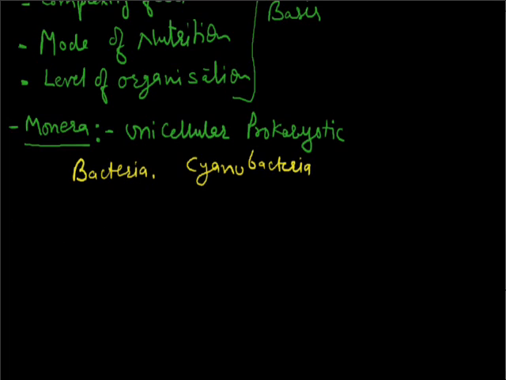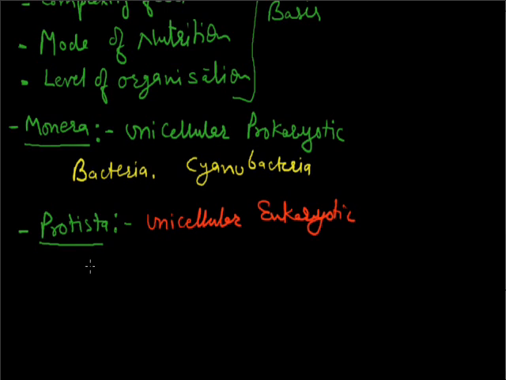The second group is called Protista. Protista also has unicellular living beings. In this group, unicellular eukaryotes are classified. Examples are protozoa, animals like amoeba, paramecium, and euglena.